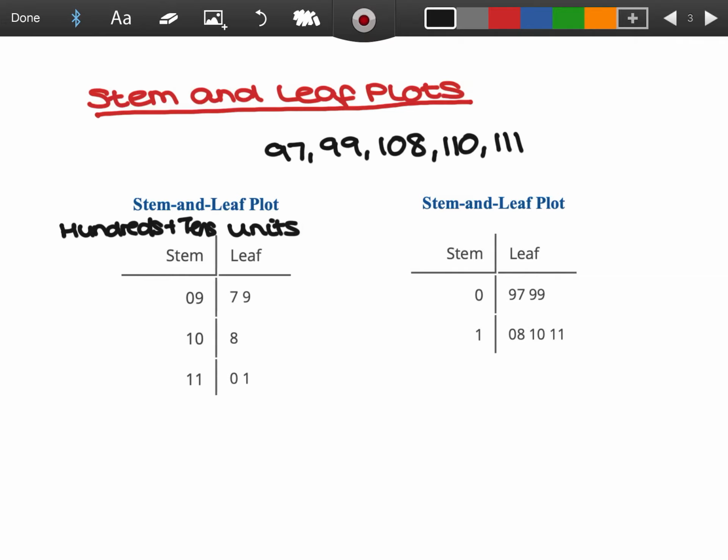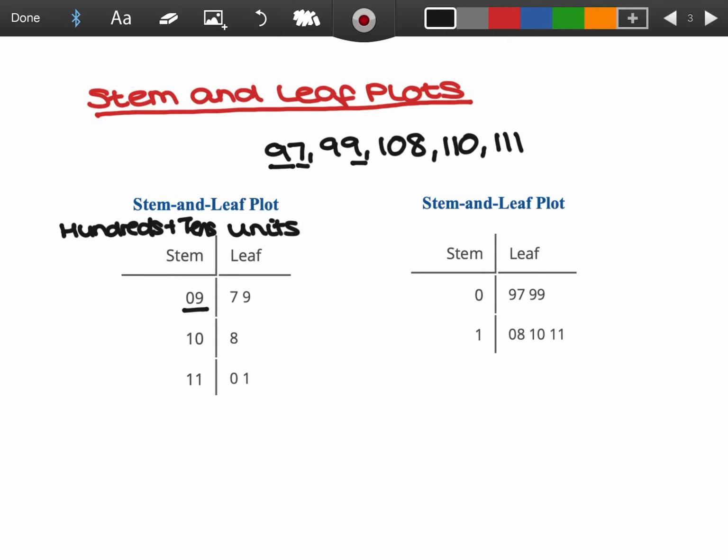So for 97 and 99, we have no hundreds column, there's a 0 there. So we would have 0 in our hundreds column and then 9 in our tens column. So our stem is 0, 9. Now the leaves that go with that are each of our units, 7 and 9.